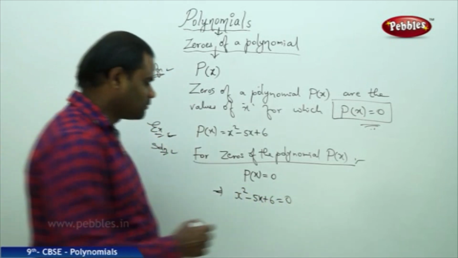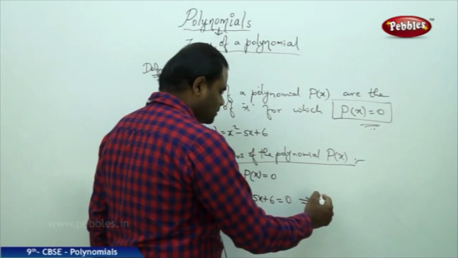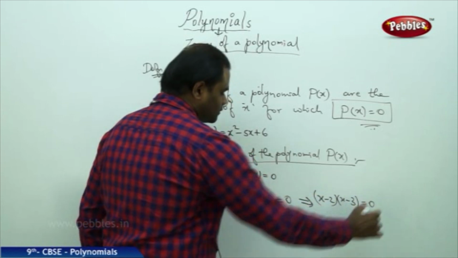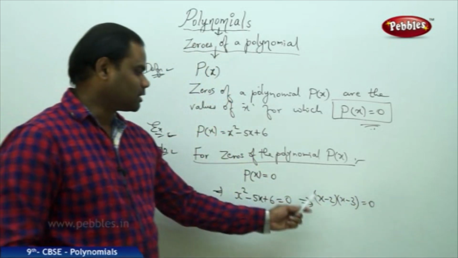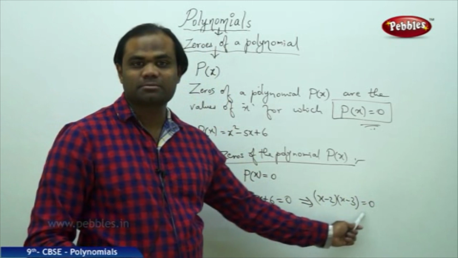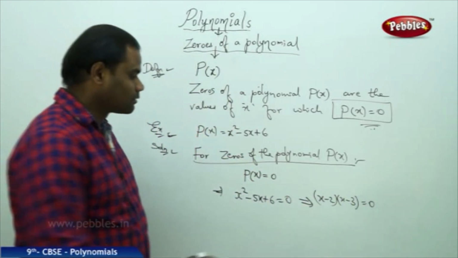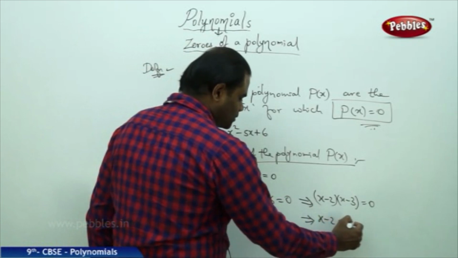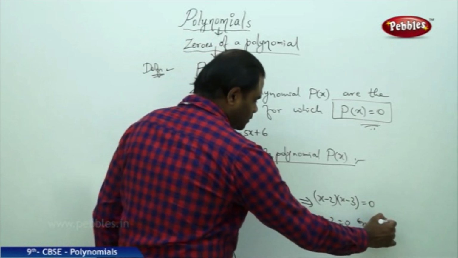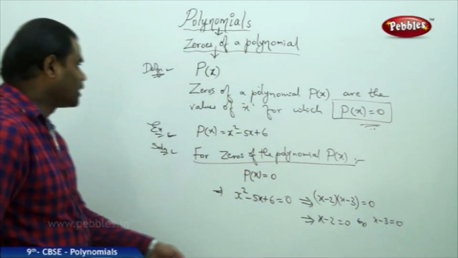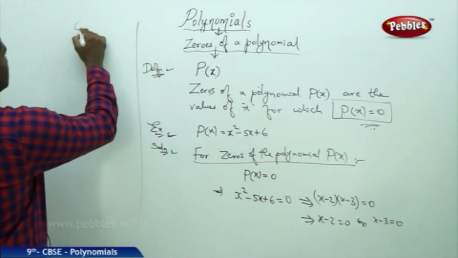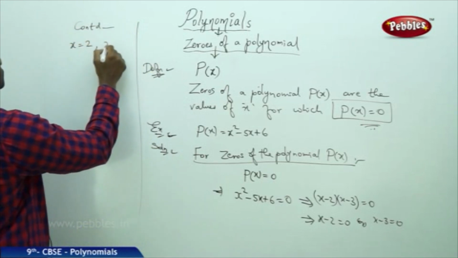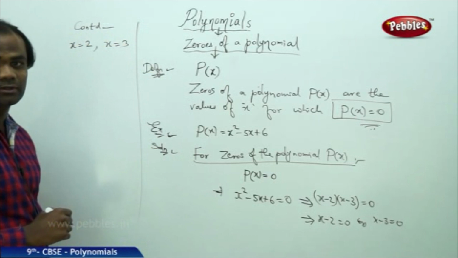On further simplification, this can be factorized using quadratic factorization: x squared minus 5x plus 6 can be factorized as x minus 2 times x minus 3, which is equal to 0. When the product of two factors is 0, either this is 0 or this is 0, which gives the value of x as 2 and x as 3.